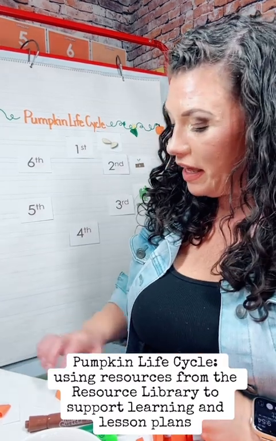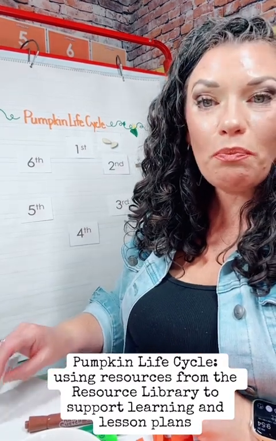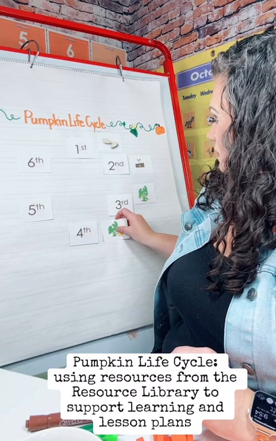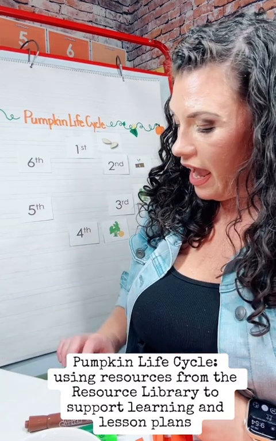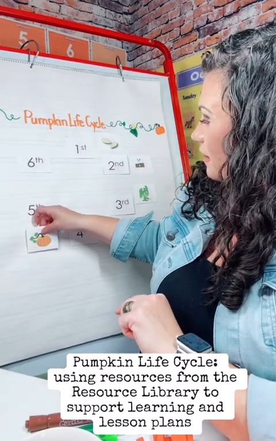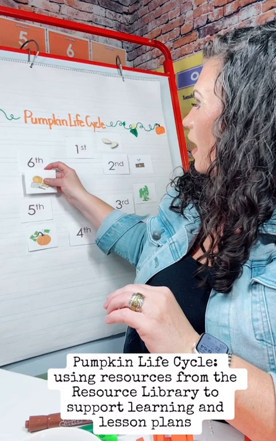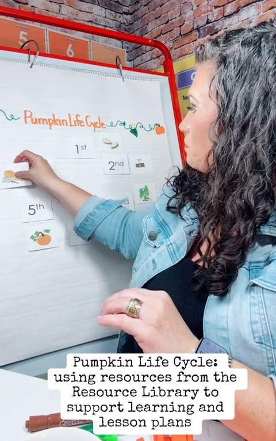After the pumpkin plant, we're going to have small pumpkins. After small pumpkins, we have a fully ripe pumpkin. And last, we get to carve our pumpkin to get ready for Halloween.